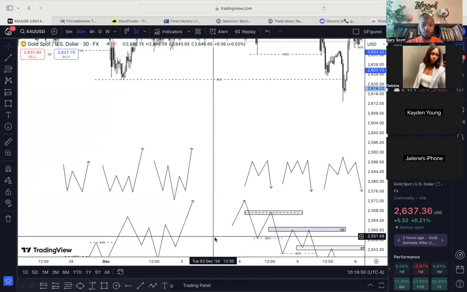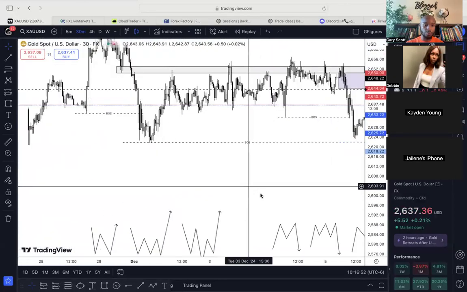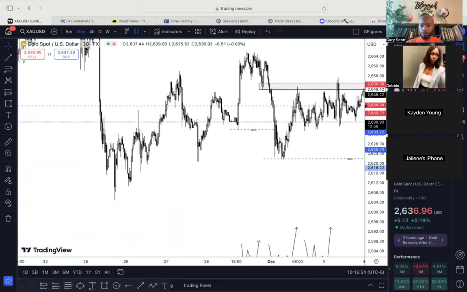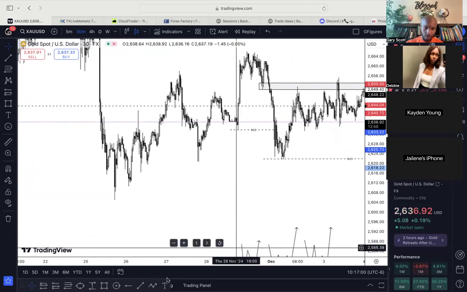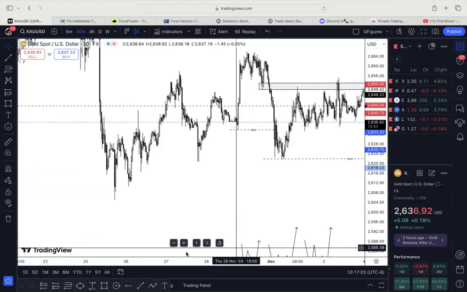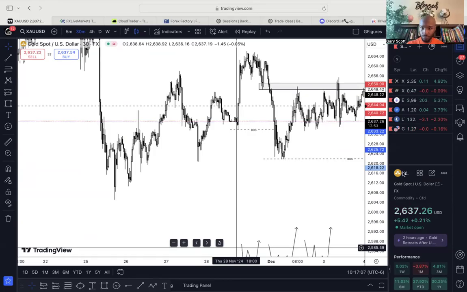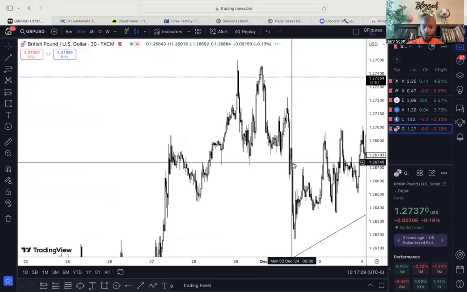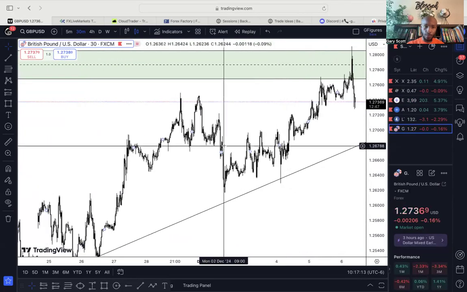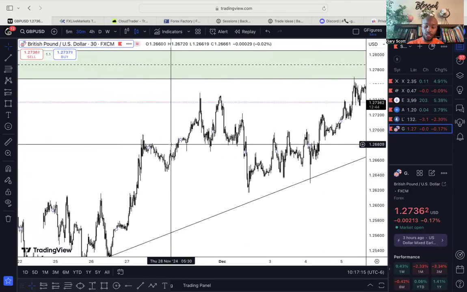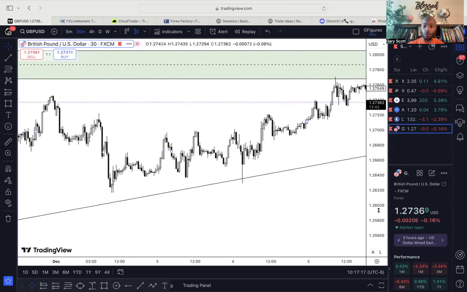All right. Let me see, I'm going to do it on this particular pair right here. We're going to do it on GU. Again, it doesn't matter what time frame as long as you follow the method.